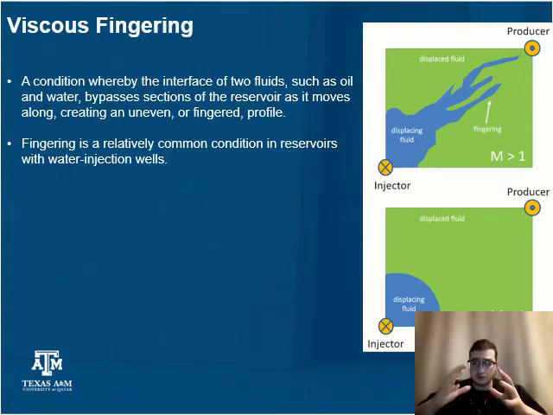To use that example again, when water is injected to displace the oil, water has a lower viscosity than oil. Therefore, some of the injected water would tend to bypass sections of the reservoir and create an uneven, fingered structure or profile.